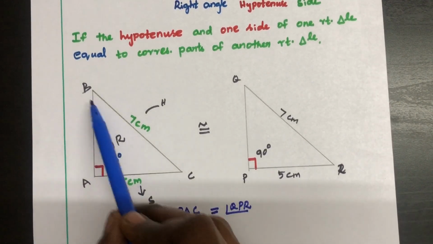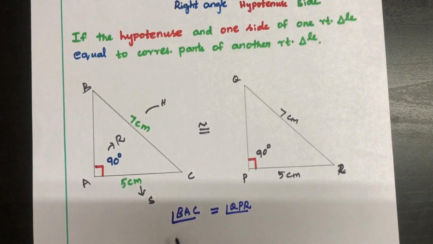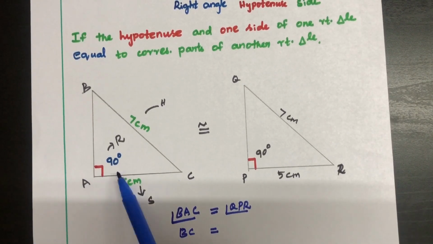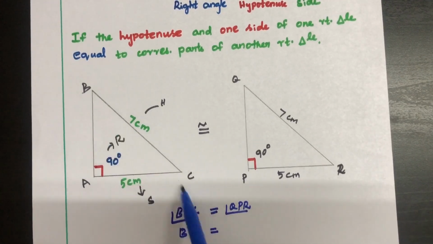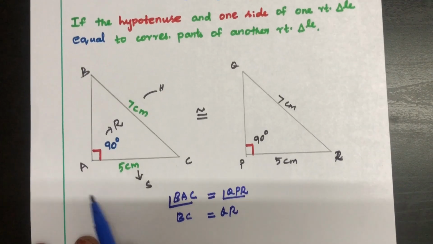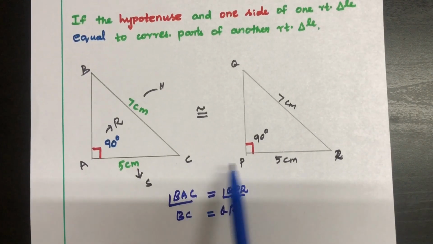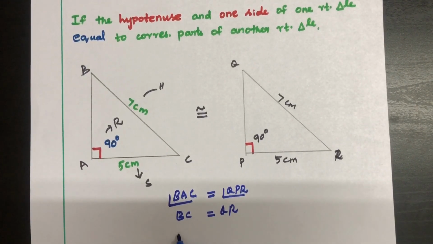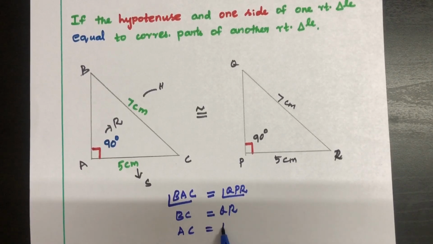Next correspondence, the hypotenuse: BC is equal to QR. Next side, AC is equal to PR.